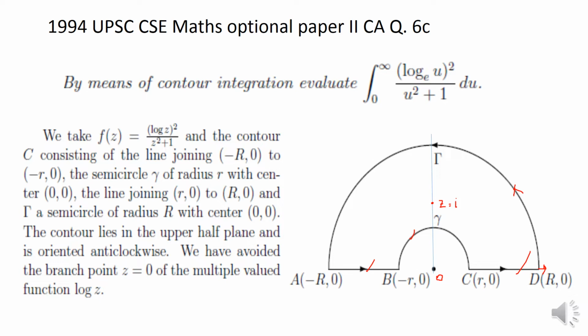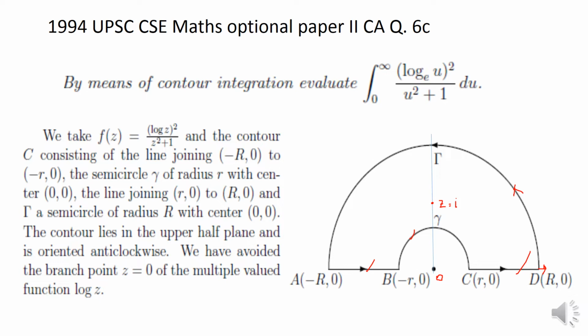Now at the pole we can find the residue, and the residue will be the limit as z tends to i of (z - i)(log z)^2 upon (z - i)(z + i).